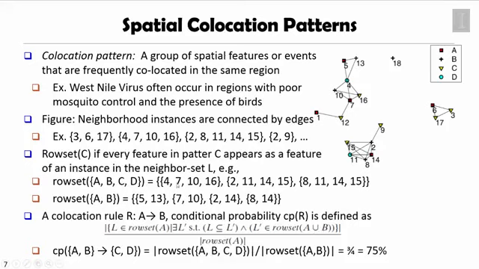You can see there are 3 such cases of ABCD together, but there are 4 cases of AB together. So if you find AB, then you find CD collocated, the condition is 3 over 4, which is 75%. That means the conditional probability for this rule is 75%.